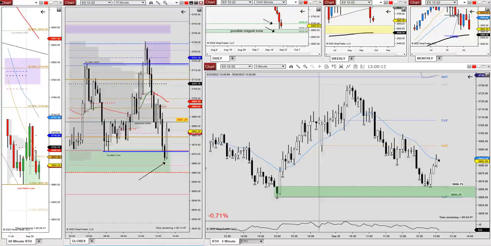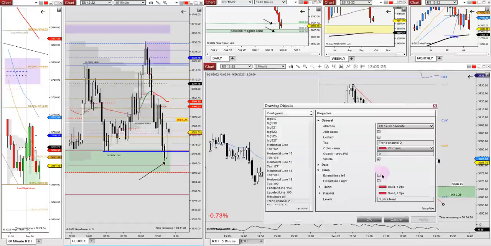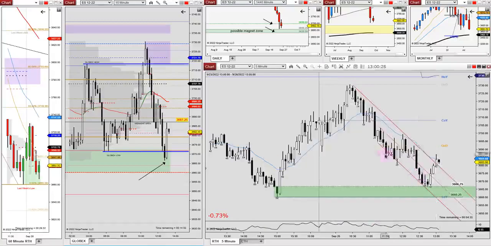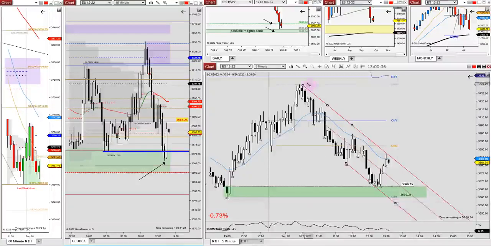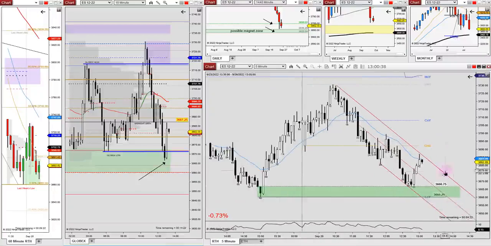Yes, you could also think of this as a V shape, but there's a channel here. Okay, so we're testing. I removed it, but the top of the channel is there. So can sellers be right there?